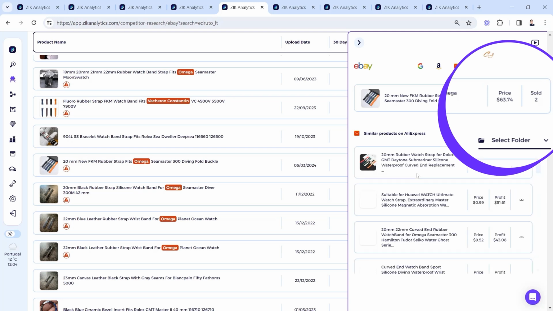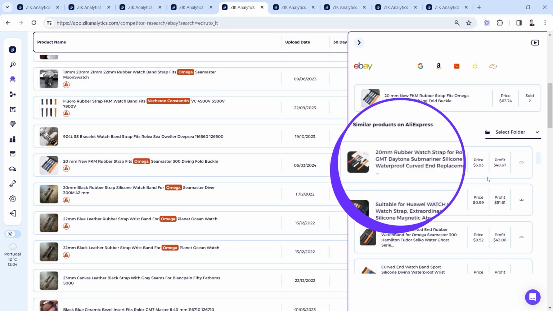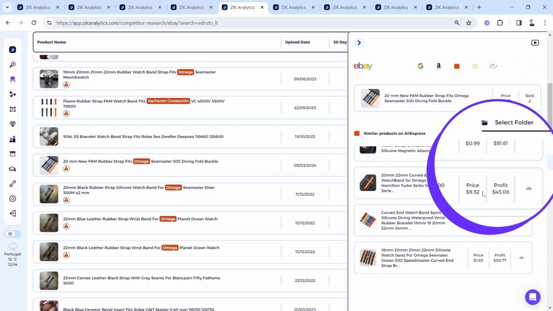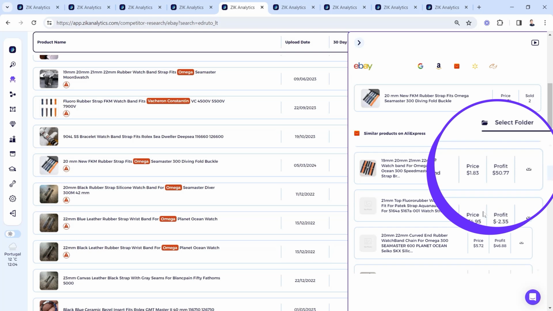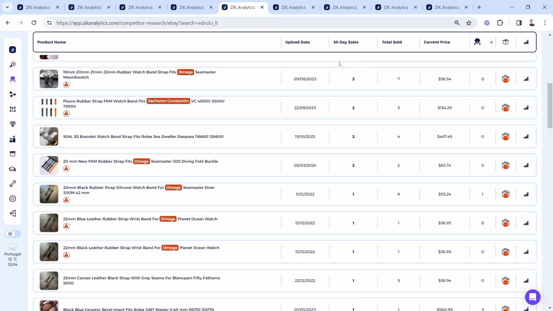You will need to dig in and find the ideas. So we can see here that the price here is $63. The buying price is $3. Yeah, this guy makes a lot of profit just by selling this as a fit for a very high-end brand, okay?